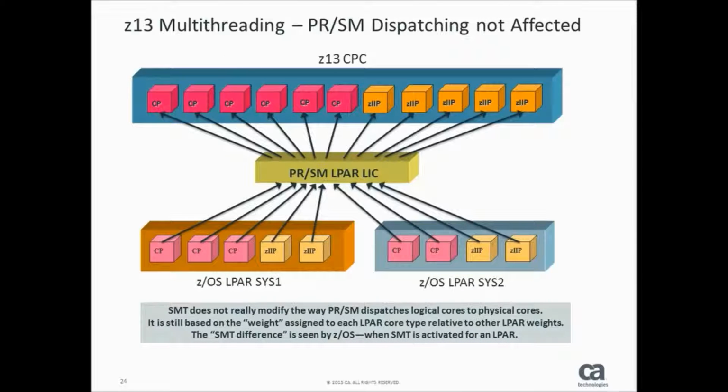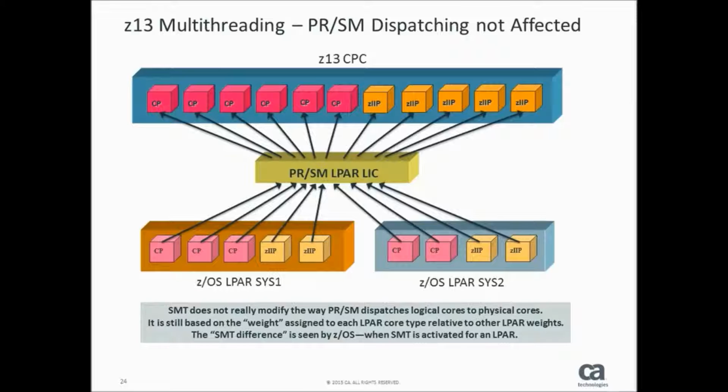And PR/SM is the thing that manages all of your LPARs, not just z/OS LPARs, but VM LPARs, IFL, or coupling facility LPARs, VSE, and Linux LPARs. Those logical cores that you've assigned to each of those LPARs are dispatched to the physical cores in your CEC based on the weights that you've assigned for each LPAR's cores.